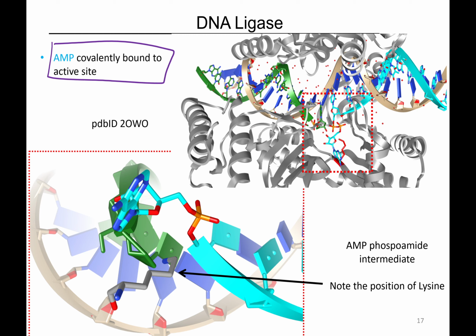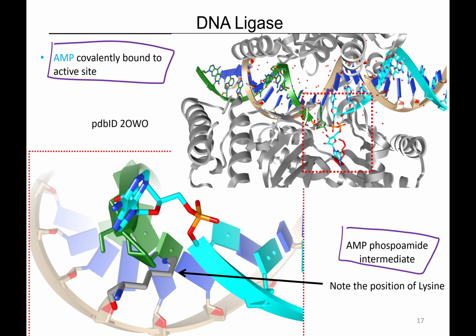Another interesting thing is we have this AMP phosphoamide intermediate, where the AMP is covalently bound to a lysine side chain in the active site. Okay, and in your activity, the very first step, it shows you that intermediate. It shows you what a phosphoamide looks like. Okay, so you're going to want to think about how that forms, because at the end of the day, that's the first step in DNA ligase reactions.